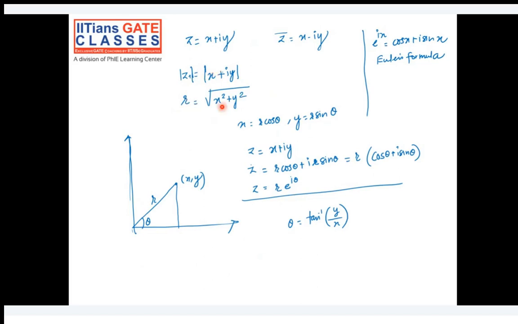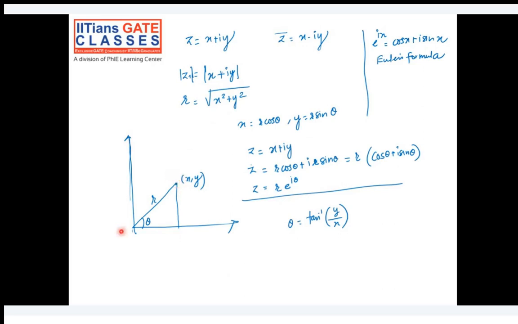So I'm plotting this complex number on the graph, where the horizontal axis x represents the real axis, whereas the y-axis represents the complex or imaginary axis, basically. Then the point x comma y here represents the complex number.